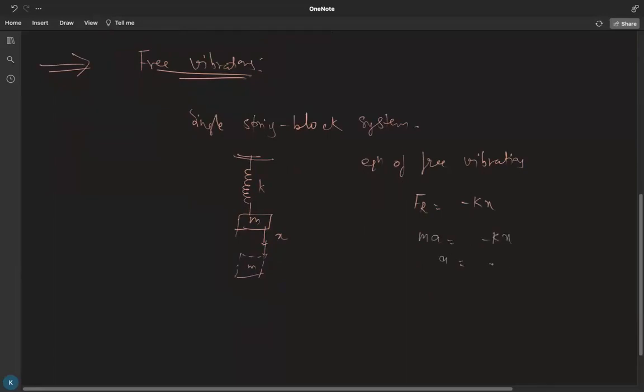So acceleration is minus k by m into x. We can write acceleration as d square x by dt square, plus k by m into x is equal to 0. From here we get omega naught equal to root under k by m.